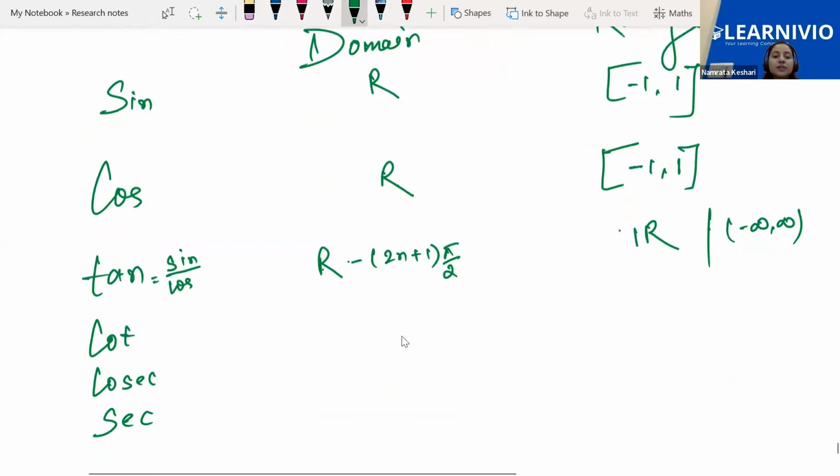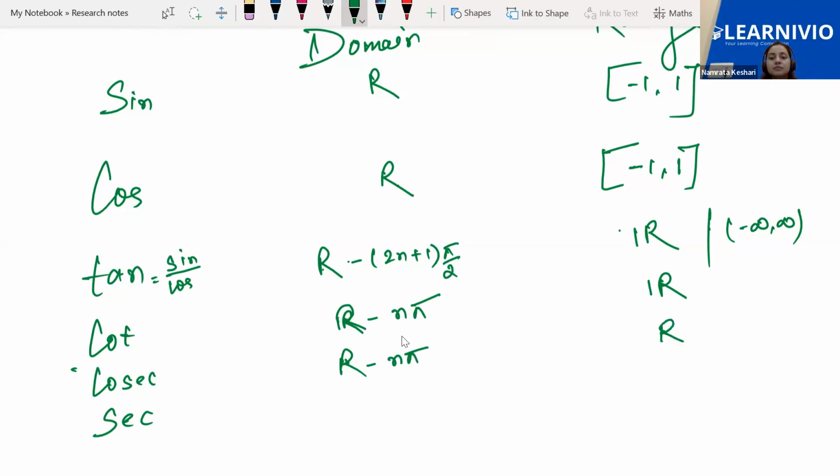Similarly, cot is all real number minus n pi, and here also range is minus infinity to infinity. Cosec, domain is R minus n pi, and range is R minus the open interval -1, 1.